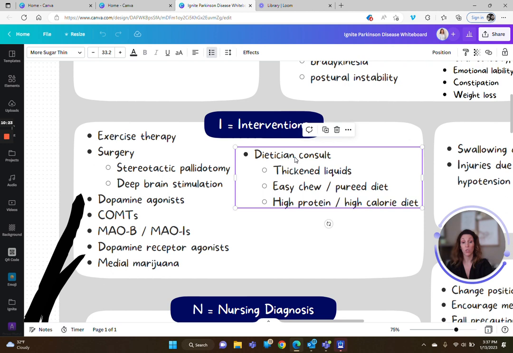So with a dietitian or a speech language pathologist, SLP, on if the patient needs to have thickened liquids, if the patient needs to be on a puree diet, that's easier to chew and easier for the patient to eat without choking. And then they usually suggest a high protein, high calorie diet just to help decrease that weight loss problem that we get into in the patients with Parkinson's disease.